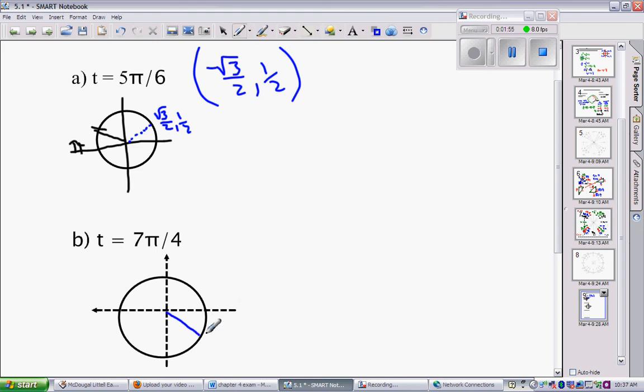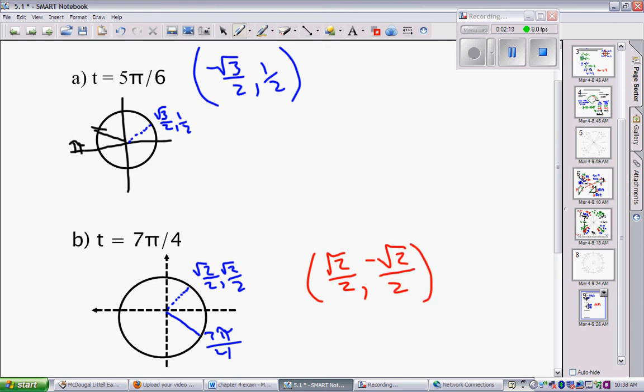So here is our 7 pi over 4. We know first quadrant quarter is root 2 over 2, root 2 over 2. So for ours, we need to make the y value negative. So you get root 2 over 2, negative root 2 over 2.